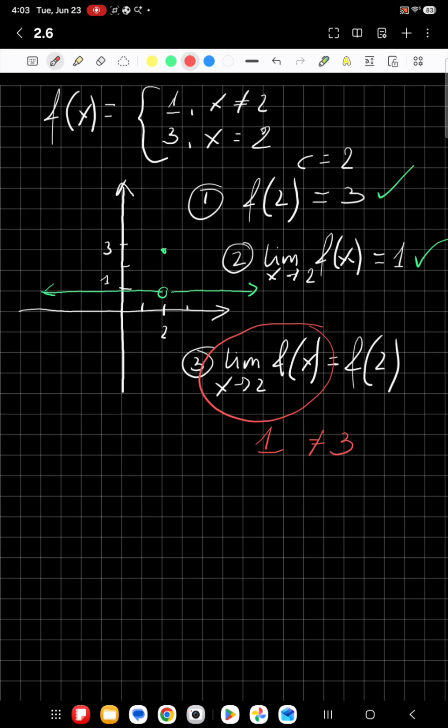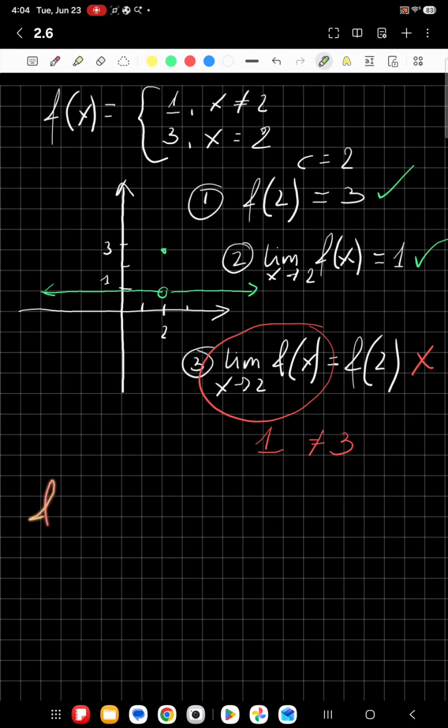They're not equal, so we're failing that condition. The value of the function is here, the limit is here, and they need to be the same. So the third condition fails, and the function is discontinuous, and it's a removable discontinuity.